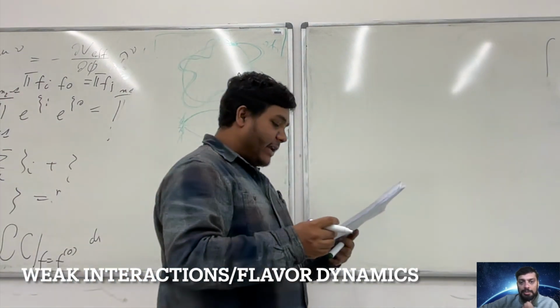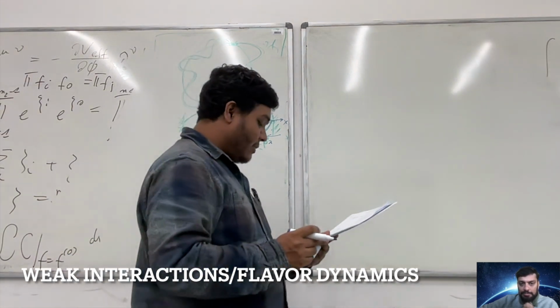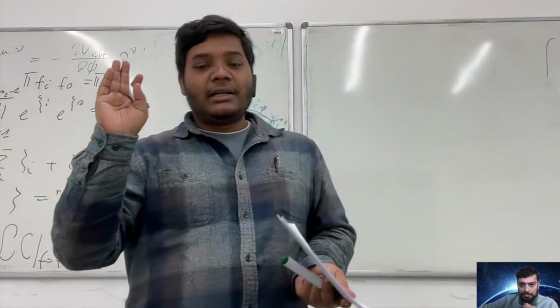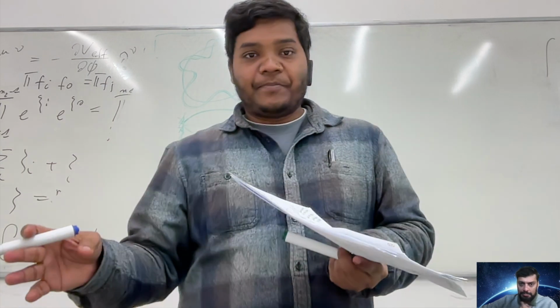So let me try to explain at least one electroweak nuclear interaction. As I mentioned at the very beginning of the class, the electroweak interaction comes into the picture when we consider decay.